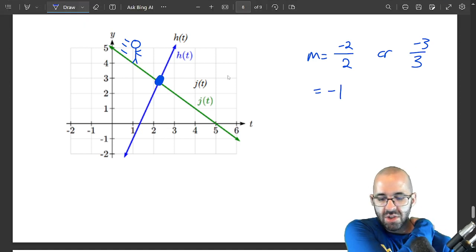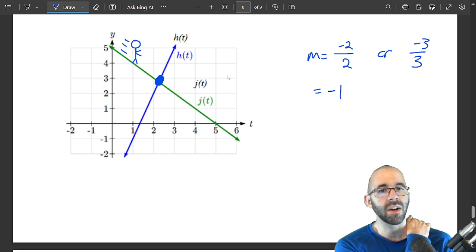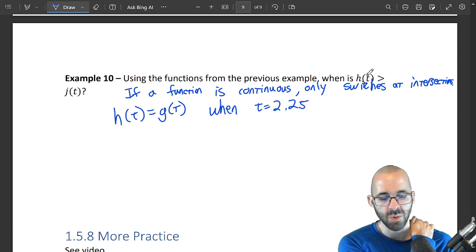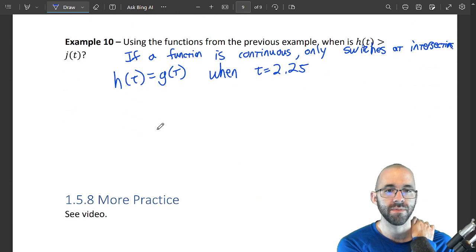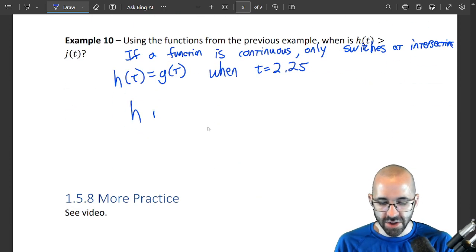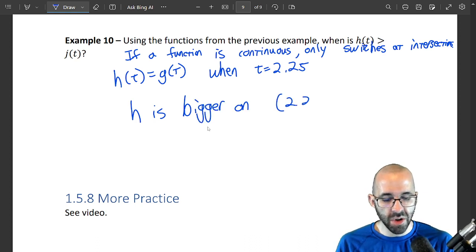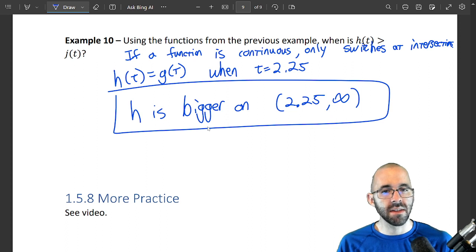So we can visually inspect and say, okay, this is where it switches. j is bigger on the left. j is smaller on the right. We're curious, when is h bigger? The blue is bigger to the right of that. h is bigger on the interval 2.25 up to positive infinity. Everywhere to the right, h is bigger.